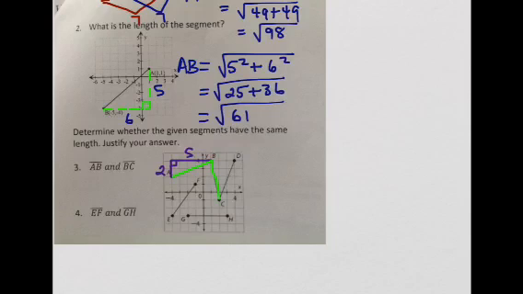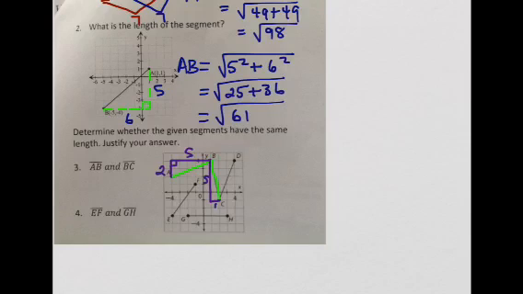If I do the same thing with BC, this is 1 and then this is 5. See how the numbers don't match? 5, 2 and 5, 1, they're not going to add up to the same number.